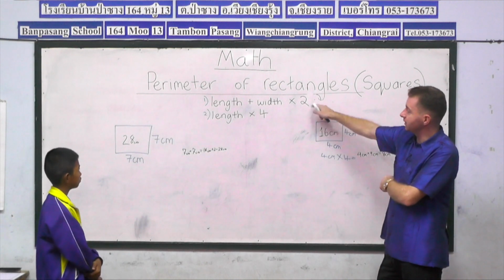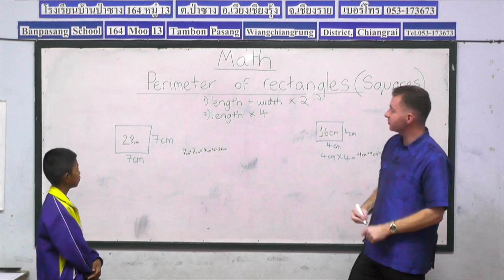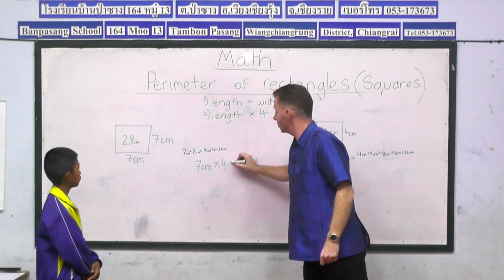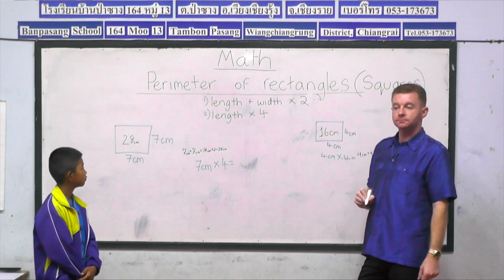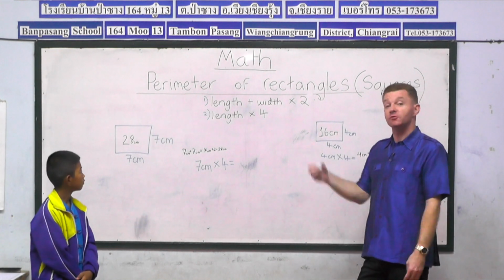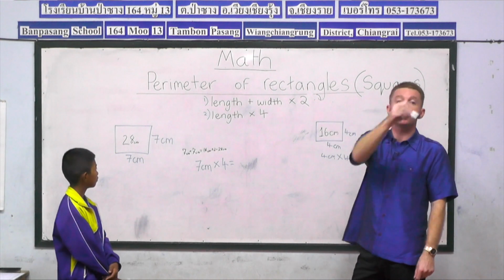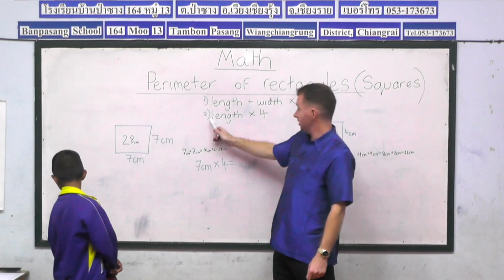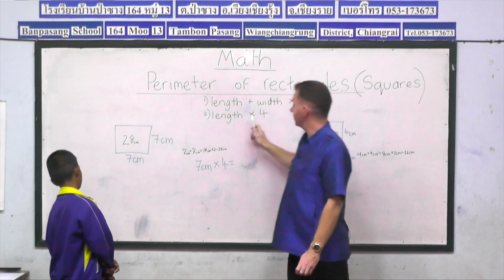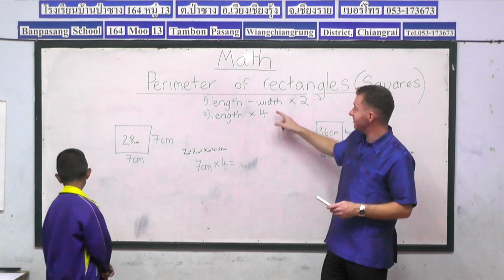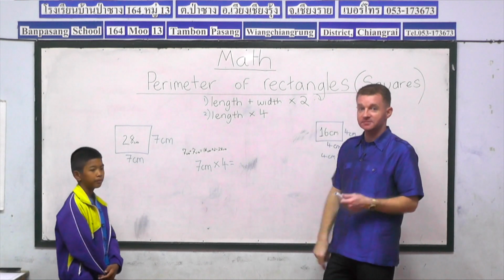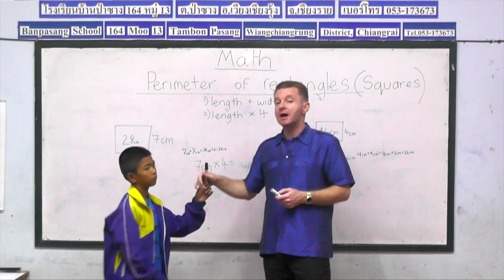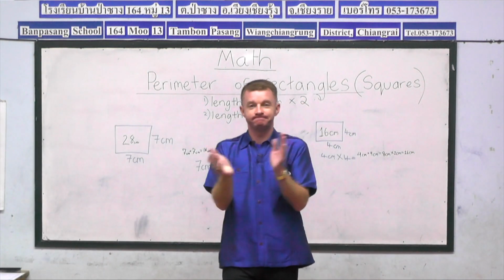So Pat's done it using method 1. Let me do it using method 2. 7 centimeters times 4 equals the same. 7, 14, 21, 28. Because all the sides of a square are the same, we can use the length of 1 and times it by 4. We'll always get the same answer using both methods if we do it correctly. Pat, that was brilliant. High five. Big round of applause for Pat, please, guys.